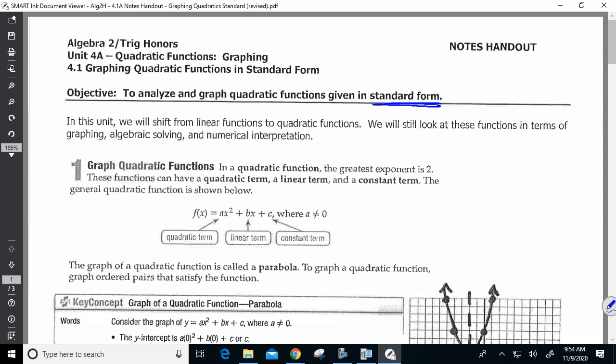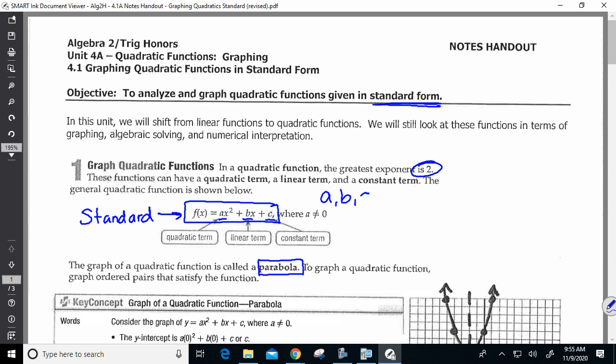For a quadratic function, your biggest exponent is 2. As I mentioned, the name of a quadratic graph is a parabola. Ax squared plus bx plus c is the format in standard form, where a, b, and c would all be numbers.